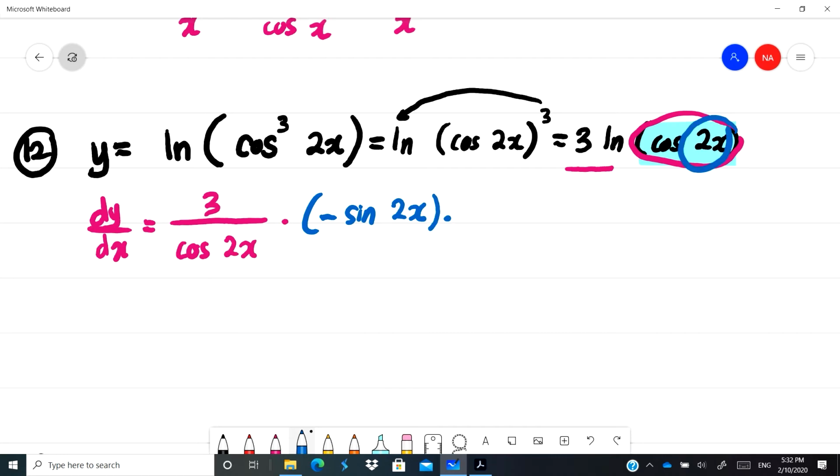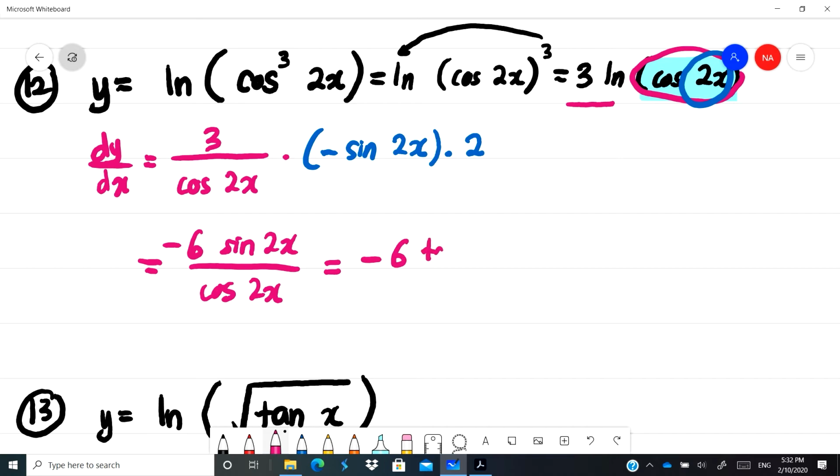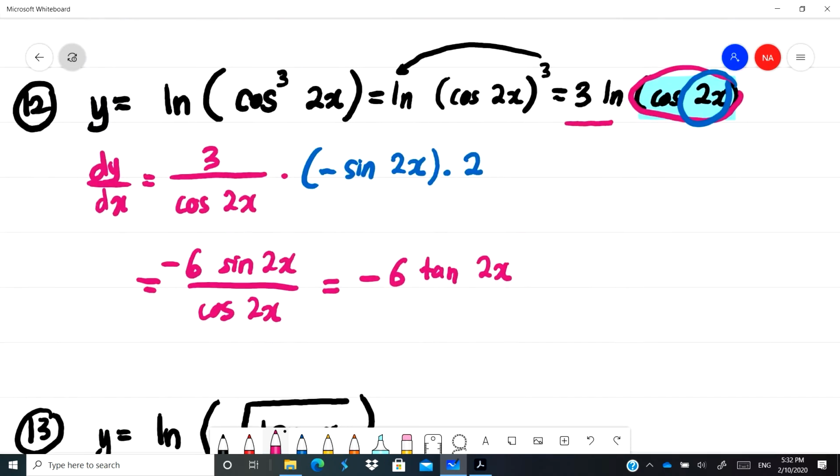Differentiating 2x will give you 2. So simplifying this will give you negative 6 sine of 2x over cos of 2x. And please take note that sine of 2x over cos of 2x can be simplified as tangent. So you can write your final answer as negative 6 tangent of 2x, right? If it is sine 2x over cos 2x, it will become tangent 2x. All right, so that's your final answer.